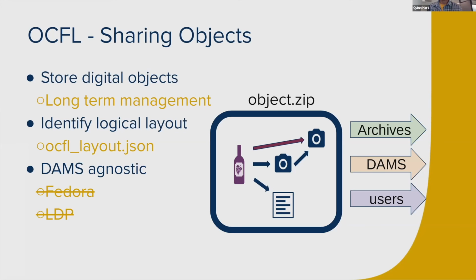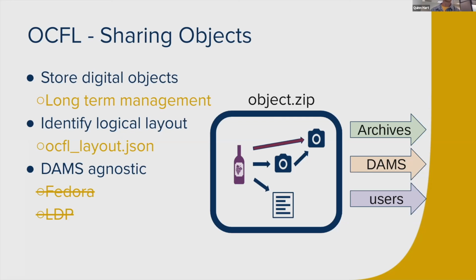It's very important for us to use for our own local long-term archives, but it's also a good potential for us to share complete artifacts directly with users so that we can show them all of the components that make something up, or even with other digital access management systems. As long as there's enough logical layout for that, it should be completely agnostic to the type of digital system that you're running.